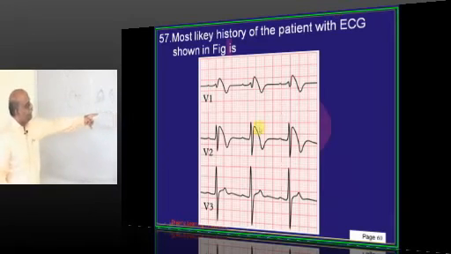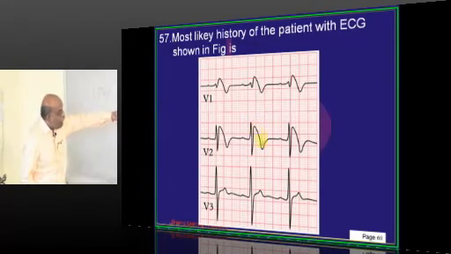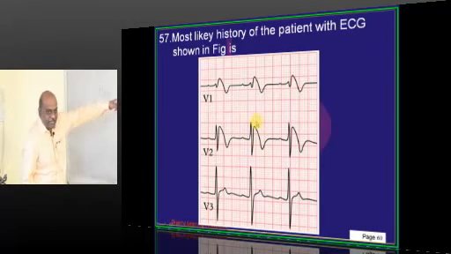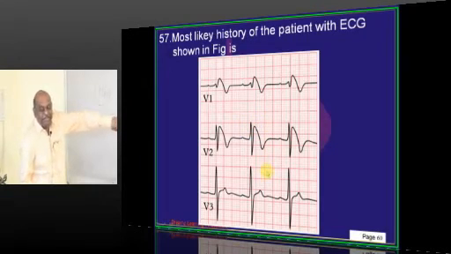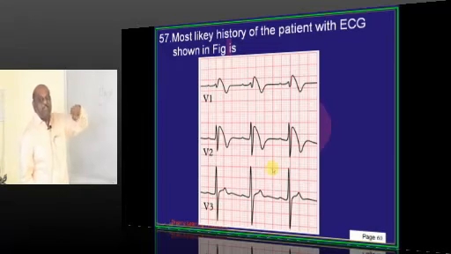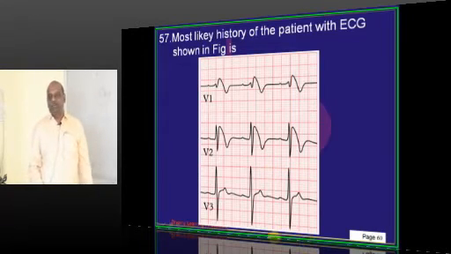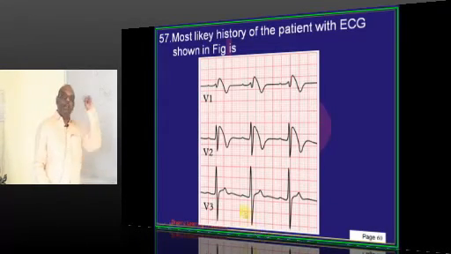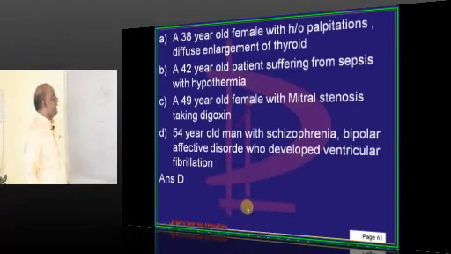So what is the problem in this? This is called coving. It looks like a cove, right? Coving of ST segment. This is ST segment elevation. This is the QRS complex, this is the T wave, and this is called the ST segment. So the ST segment is elevated, but coving, ST like a cove, is a feature of Brugada syndrome, which occurs because of a sodium channel defect in the myocardial cells, is what you have to basically remember.